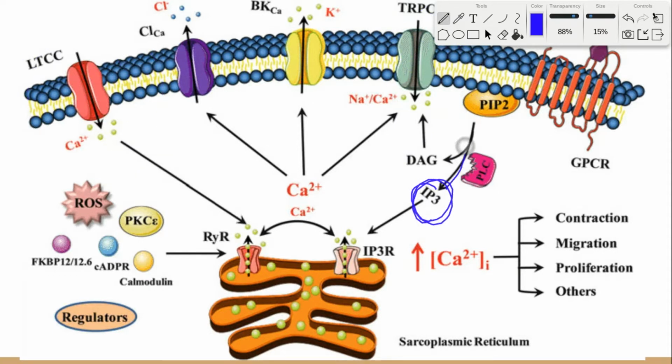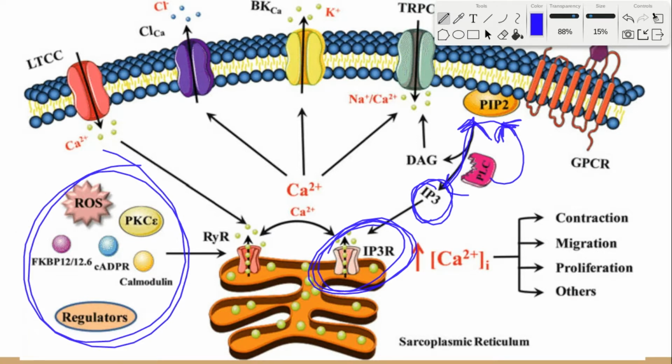IP3 is derived from the phospholipase C cleaving PIP2, which releases IP3. And IP3 diffuses to the IP3 receptor, IP3Rs, on the endoplasmic reticulum that releases calcium. And finally, we see some forms of calcium regulation over here on the left.